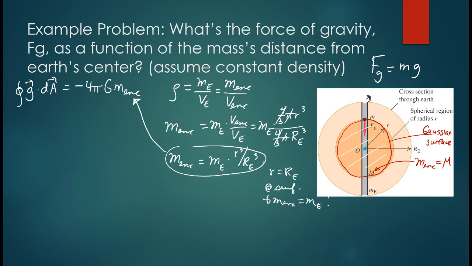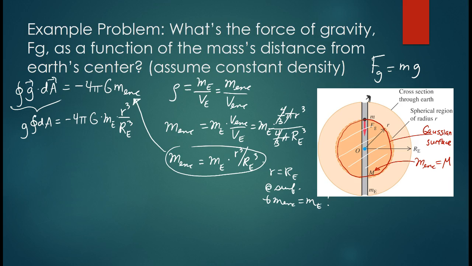Now, like before, everything that we did in the prior example was true, so the integral of g dot dA turns into g times the integral of dA, and that's equal to -4 pi G times mass enclosed, which is mass of the Earth times little r cubed over big R cubed, radius of the Earth cubed.